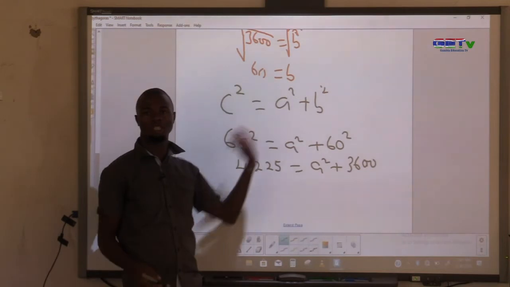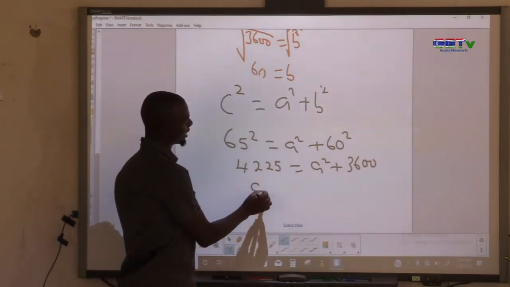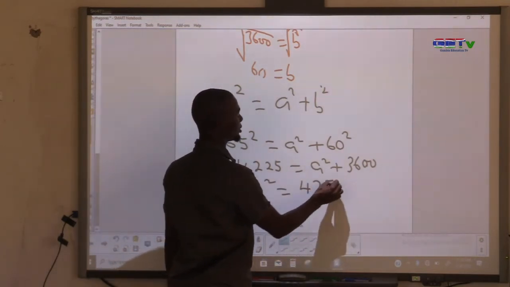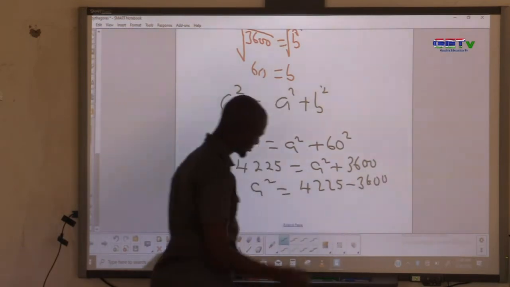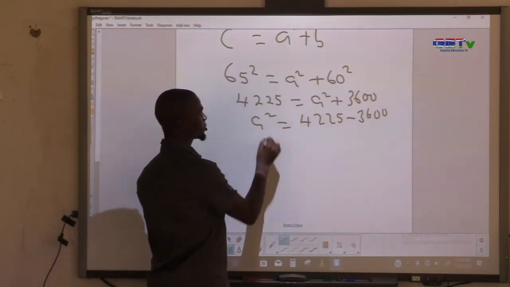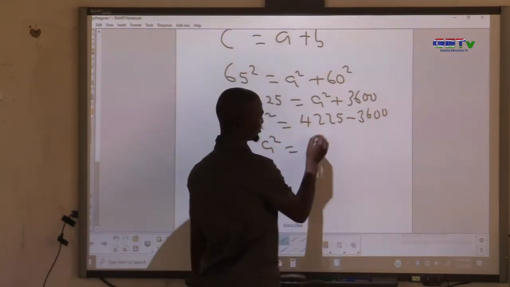Then we transpose it, we will have A square is equals to 4,225 minus 3,600. If we subtract that, we'll have A square is equals to 625.